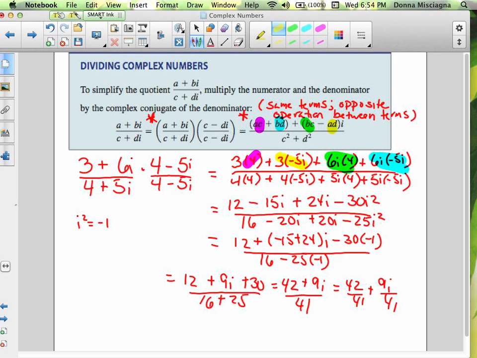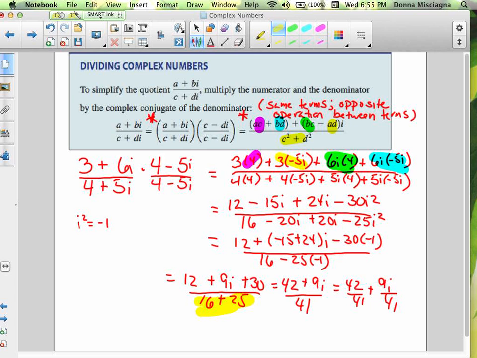And in the denominator, notice that we get, I ran out of colors, C squared plus D squared. For our equation, C is 4 and D is 5. 4 squared is 16. 5 squared is 25. We have this right over here.